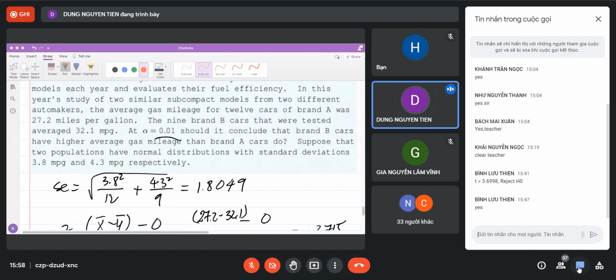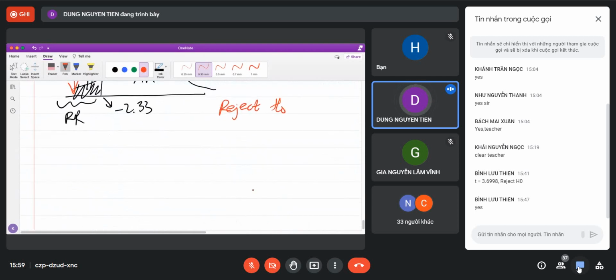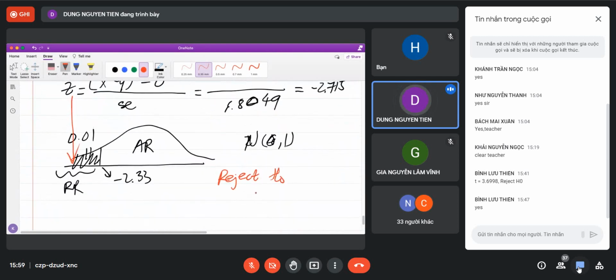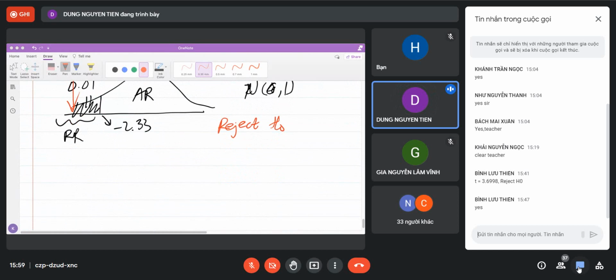Okay. Let's consider the next example. That is the example you can do when you want to test the hypothesis for two samples, right?